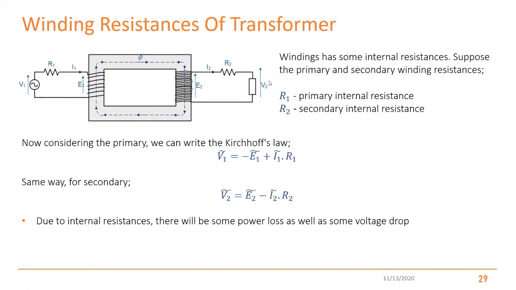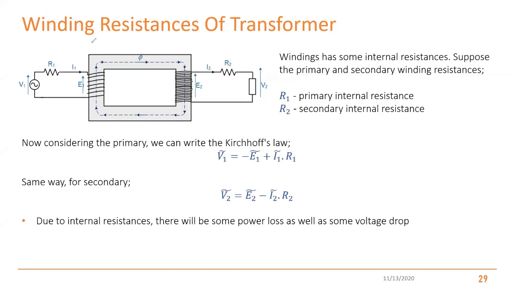So when we have internal resistance, we don't have to worry too much about that. What we can do is, even though it is internal to the system, since it is a resistor, we can remove it from the internal system and we can connect it from the outside.